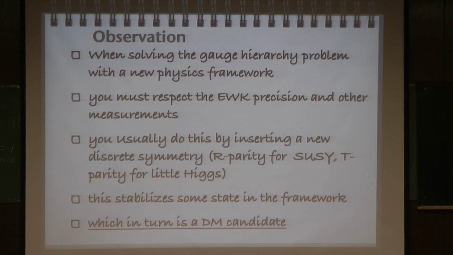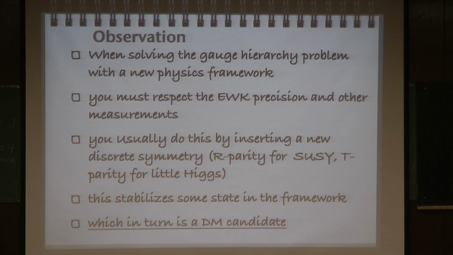Now, I will make a few comments in the next 5 transparencies about dark matter and model building, right? So the thing that you do when you solve the gauge hierarchy problem, which is a problem that we are faced with in particle physics, the first thing you have to do is you cook your model such that it respects the electroweak precision and all the other measurements of the standard model.